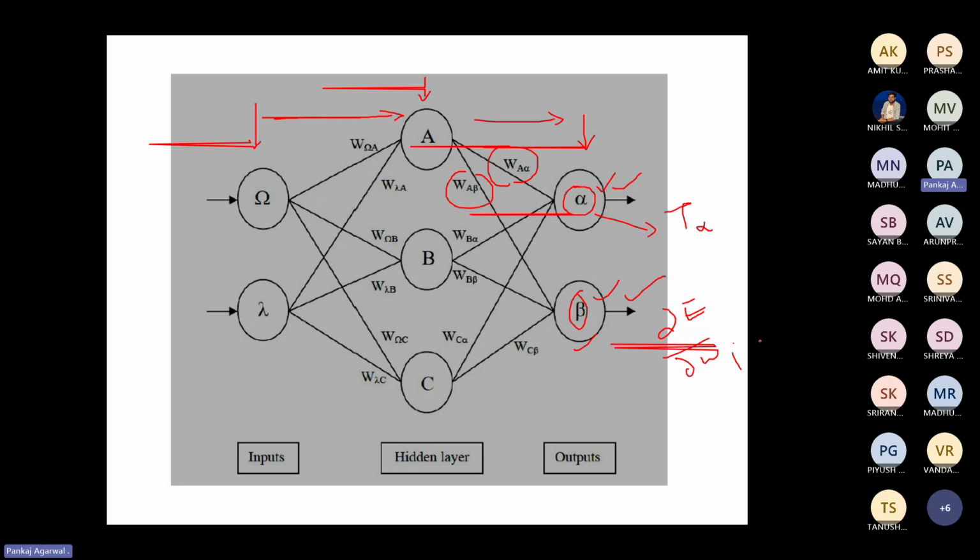We have explained it before also. So what is the change in the error with respect to the change in each of the weights? But now, using this error which I've calculated at alpha and beta, I would first calculate the errors at this layer, that is between the hidden and the output layers.